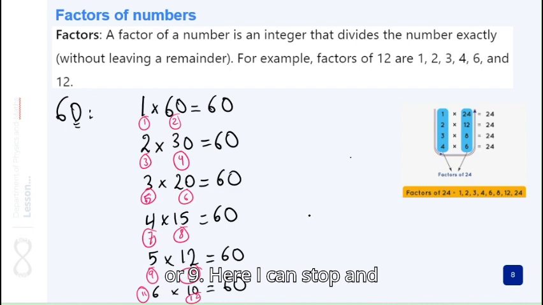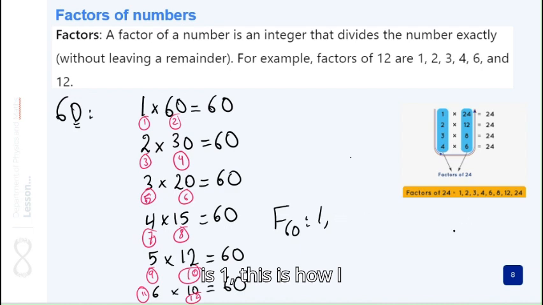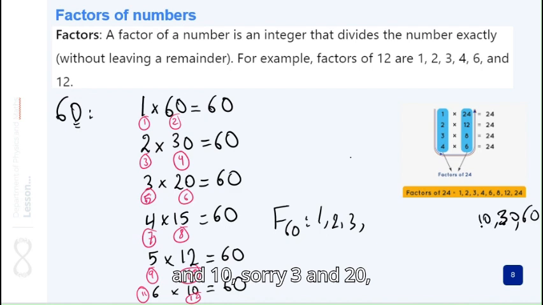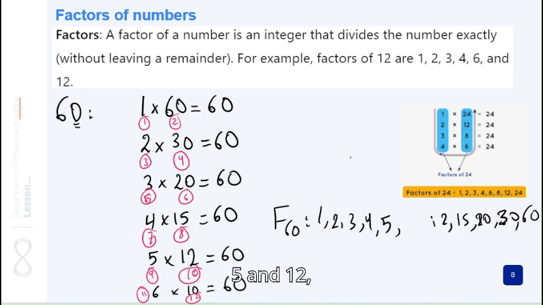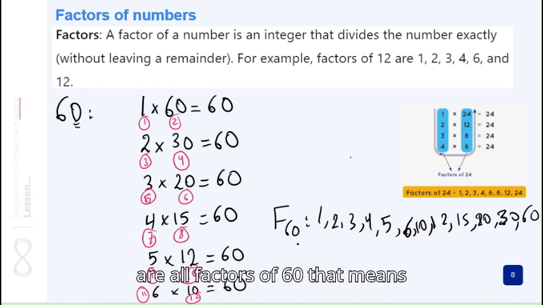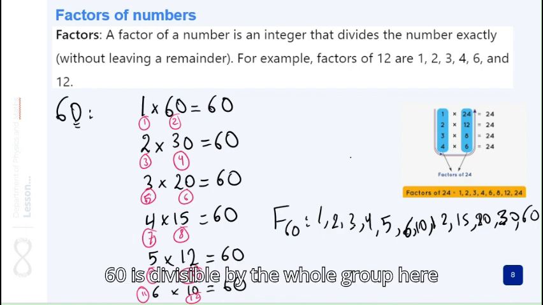Here I can stop and say the set of factors of 60 is this. 1 and 60, 2 and 30, 3 and 20, 4 and 15, 5 and 12, 6 and 10. 1, 2, 3, 4, 5, 6, 10, 12, 15, 20, 30, 60 are all factors of 60. That means 60 is divisible by the whole group here.